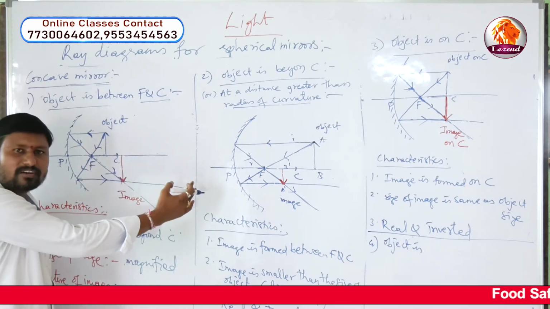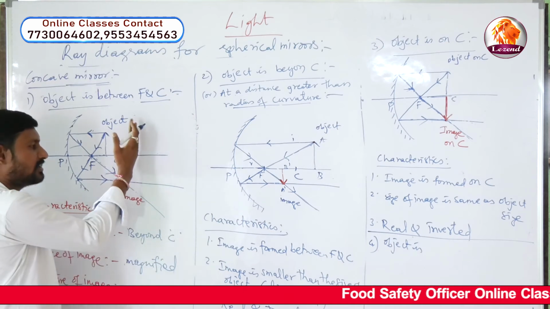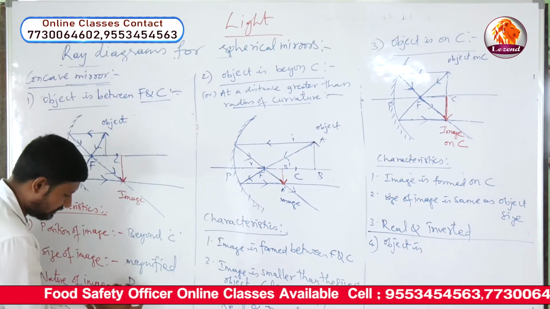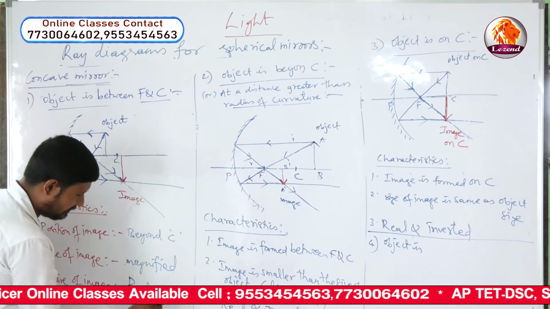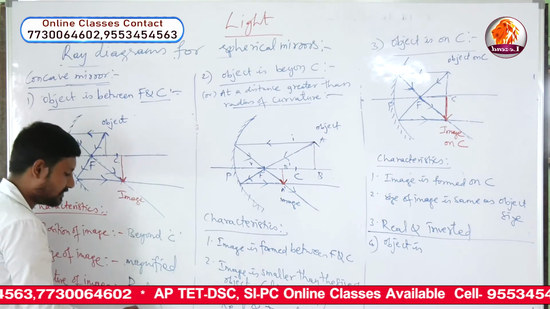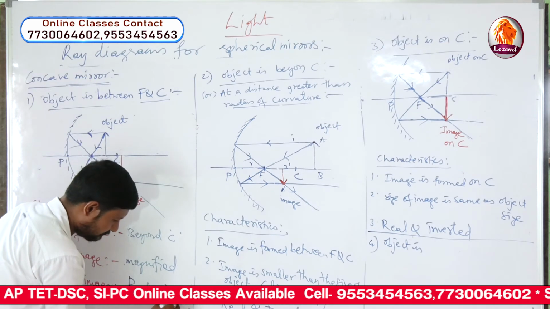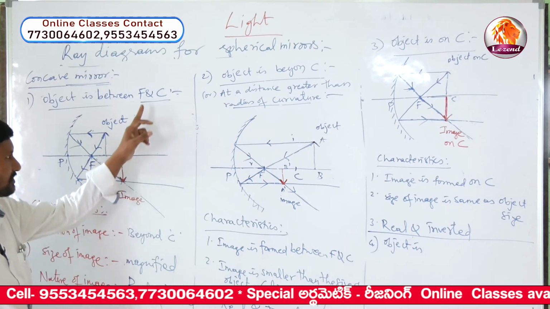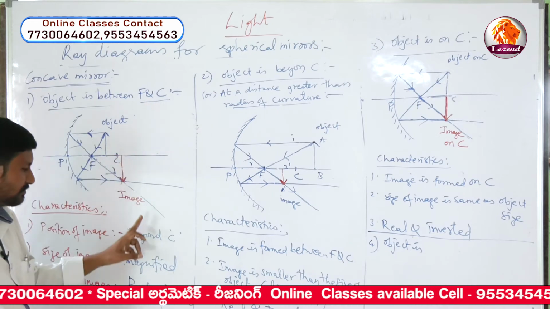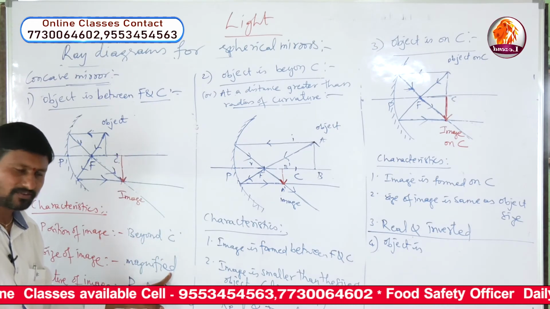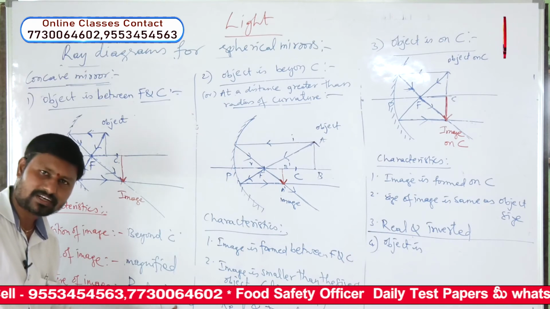It is also formed in front of the mirror. Whenever an image is formed in front of the mirror, we can catch it on the screen. Hence, it is called a real image, and it is formed below the principal axis. Below the principal axis means it is inverted. Now, what are the characteristics? When the object is placed between F and C, image is formed beyond the center of curvature. It is magnified, real, and inverted.